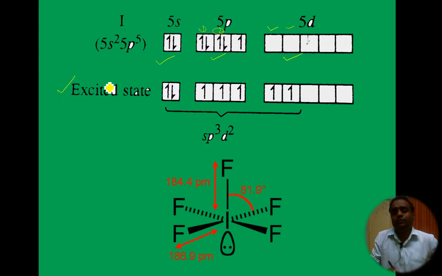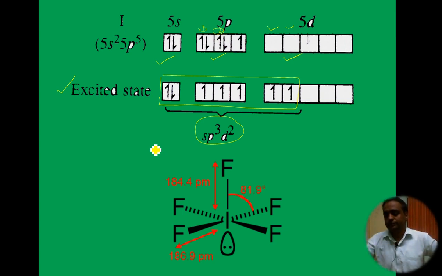So in the excited state, these 2 electrons, one from this orbital and another from this orbital, are excited into a d orbital. So a set of 6 orbitals, that is, one s, three p's and two d's, combine together to form hybrid sp3d2 orbitals.